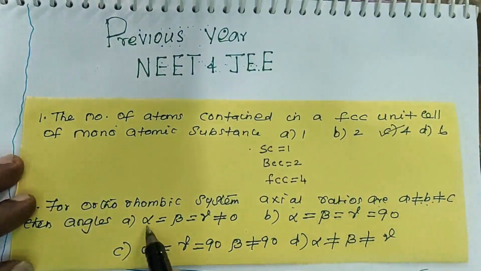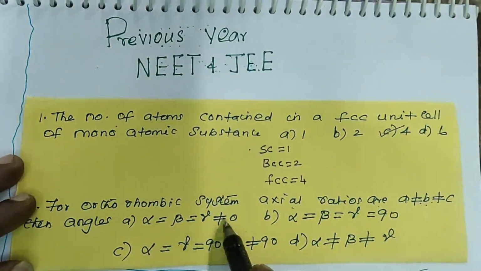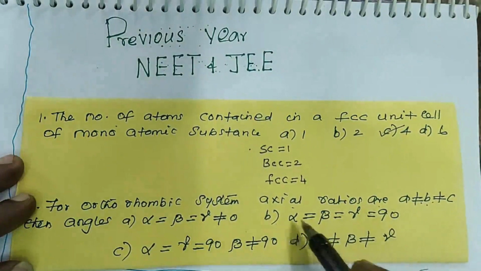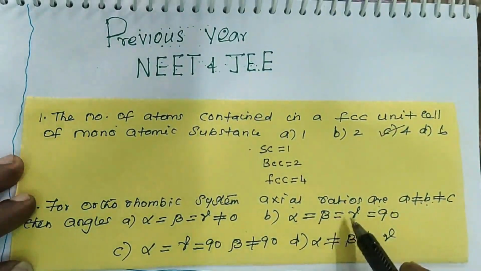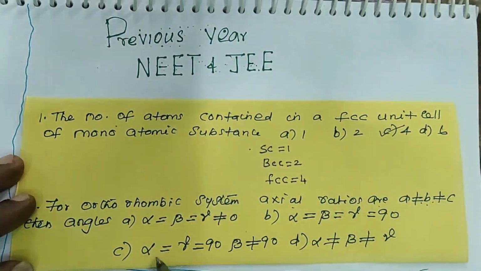Option A, alpha equal, beta equal, gamma not equal to 90. Option B, alpha equal to beta equal to gamma equal to 90. C, alpha equal to gamma equal to 90, beta not equal to 90. D, alpha not equal to beta not equal to gamma.